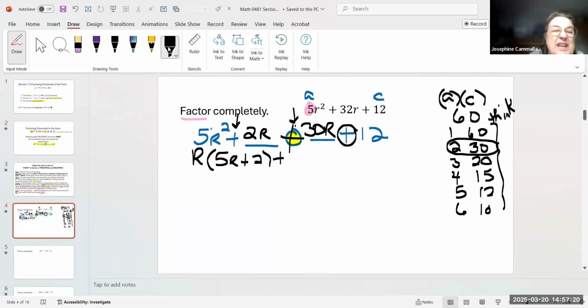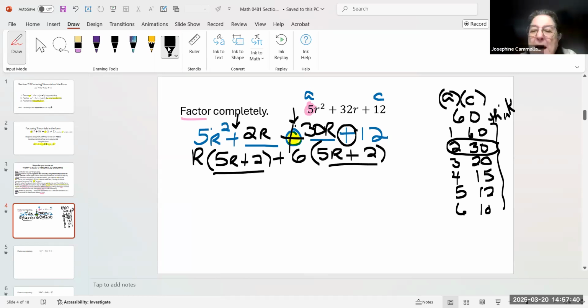Plus, okay, now this is going to give me 6 as the greatest common factor. And the reason is when I divide 30r by 6, I better get 5r and I better get 12. These two parentheses must be the same.